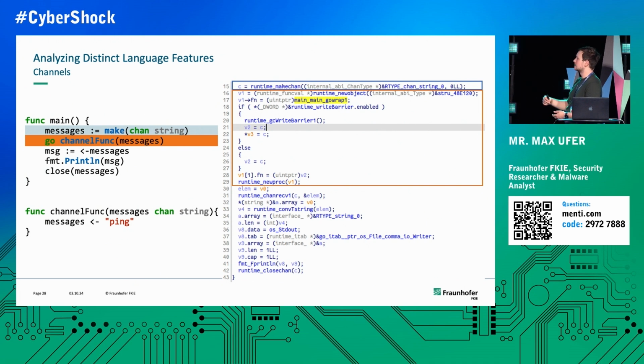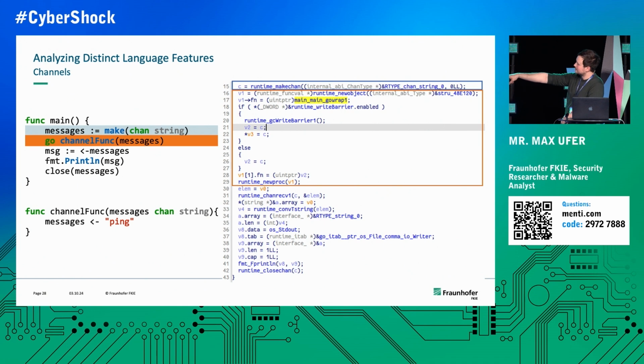So it passes the reference to the wrapper function, which will then actually call the goroutine, and the argument to it. And here's also something that you will very regularly see when you look at Go binaries in the decompiler. You have very many variable reassignments.